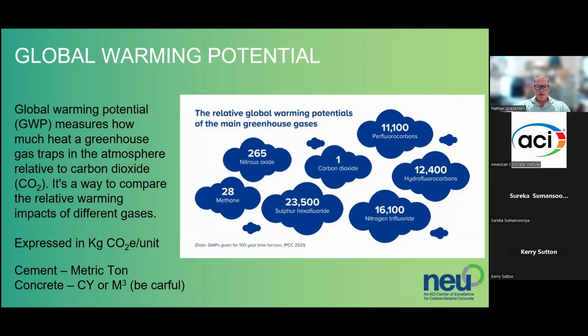So we take all of those gases and normalize them to 1 unit, or kilogram in this case, of carbon dioxide, and we use this term kilograms of CO2 equivalent per unit. Now, in the case of cement, that unit is a metric ton. In the case of concrete, it can either be expressed in cubic yards or cubic meters. Be careful with those units because they are not the same size.